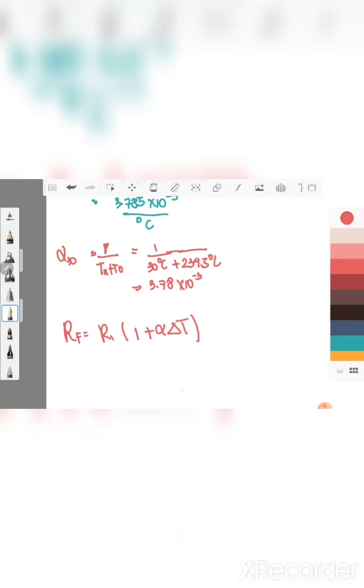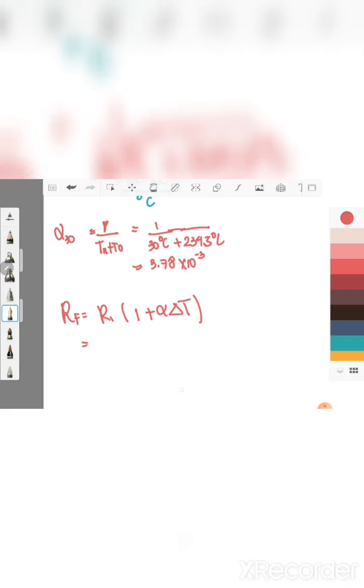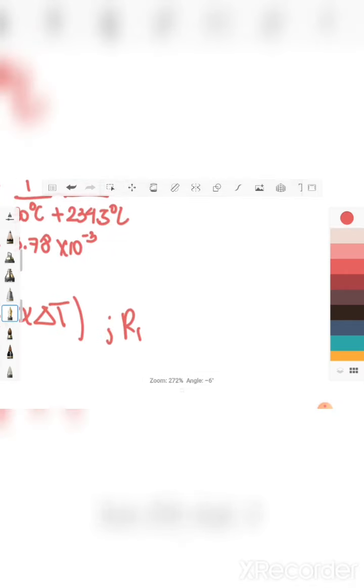R1 is equal to 50 ohms and your T1 is equal to 30 degrees Celsius.